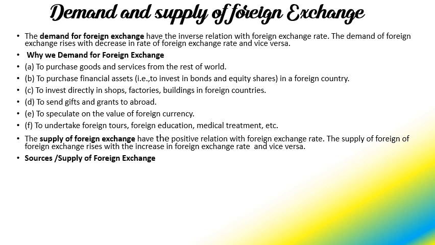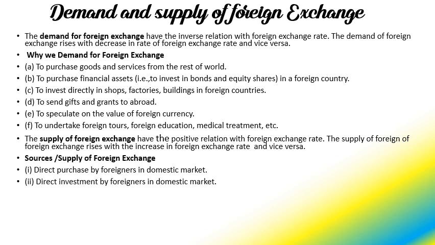Likewise, the sources where we get foreign exchange. First, direct purchase by foreigners in the domestic market. If a foreigner wants to buy goods from our domestic products, the foreigner is buying. Direct investment by foreigners in the domestic market: the foreigner is investing in our domestic market.